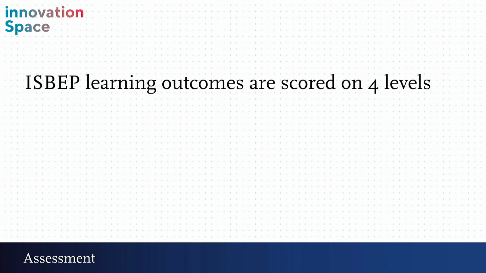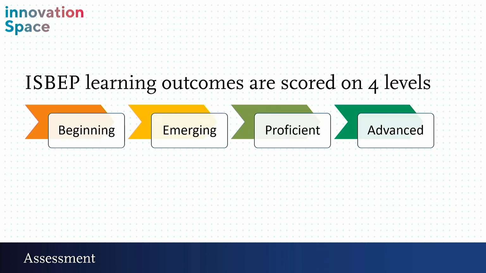Now, the assessment of these 7 learning objectives happens a number of times through the project. And we do this on process level. And we look at the process that students are going through on 4 different levels. And these 4 levels are phrased beginning, emerging, proficient, and advanced.